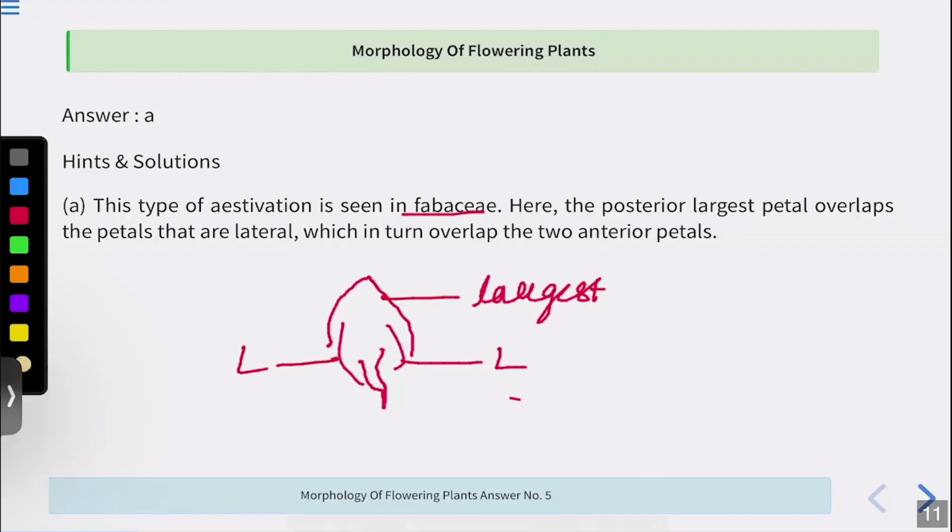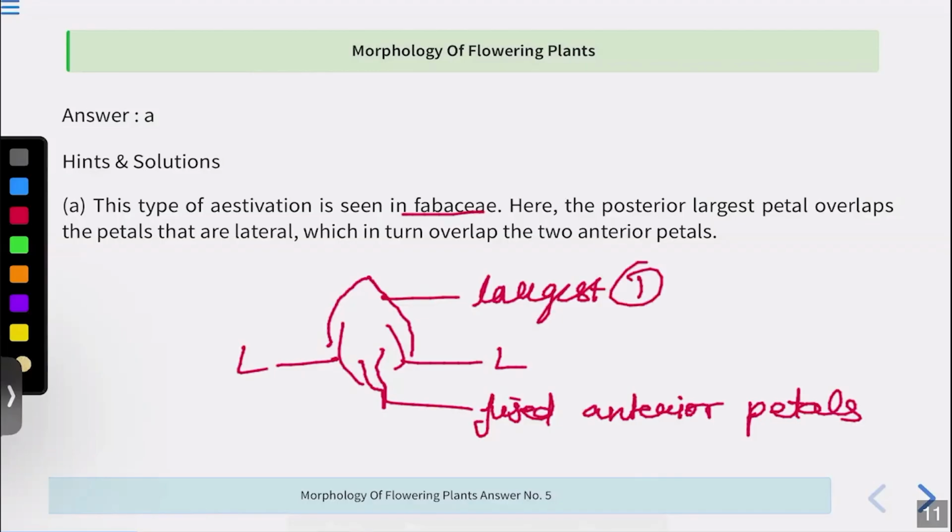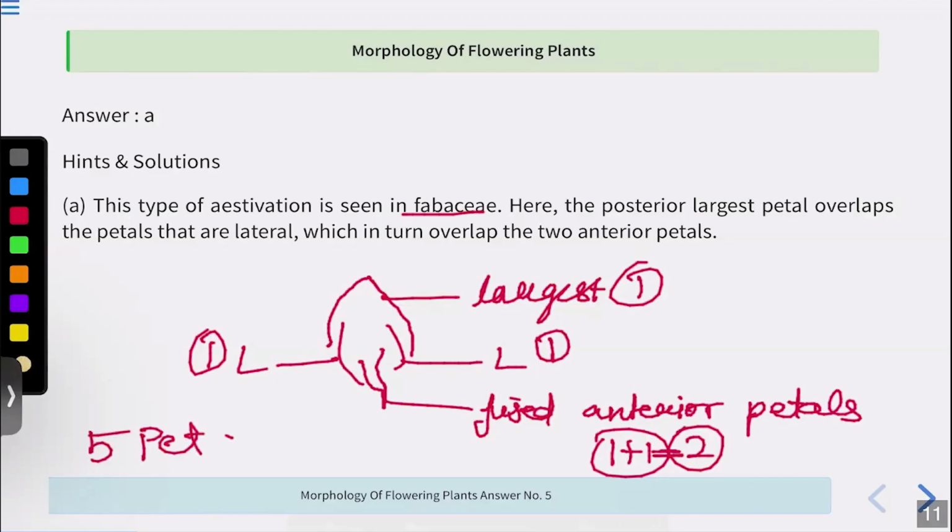This is the lateral petal, and this is the fused anterior petals. So largest one, one each of lateral, and 1 plus 1, that is 2 fused petals. Okay, so in total you have 5 petals in a vexillary aestivation, and it is characteristic of a Fabaceae family.